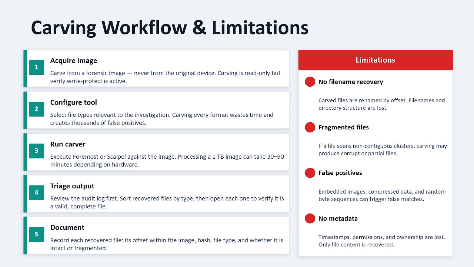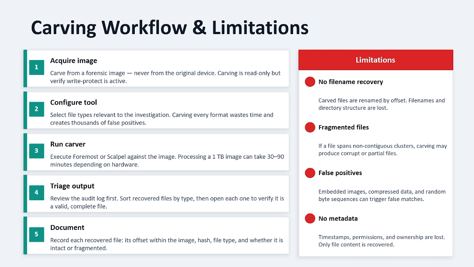Then you execute Scalpel or Foremost against that image. A 1 terabyte image, which drives now are quite a bit bigger than 1 terabyte, can take quite a bit of time. So you need to be specific in what you're looking for. Once you have that, there will be an audit log that you would analyze. The audit log will list the files that it had recovered along with their starting sectors.